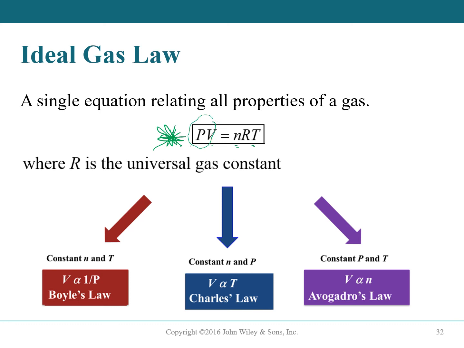If I held my pressure and the moles of gas constant, then I have Charles' law. If I hold my pressure and temperature constant, so the volume is related to the moles of gas, I have Avogadro's law. And R is called the universal or the ideal gas constant. The typical value that we use for it is 0.08206 liter atmospheres per mole Kelvin.